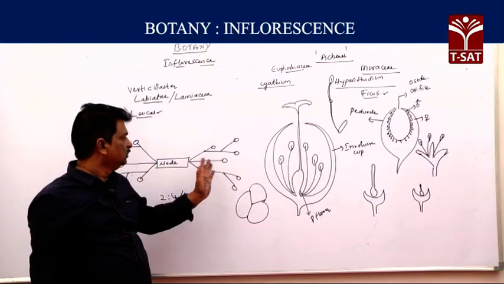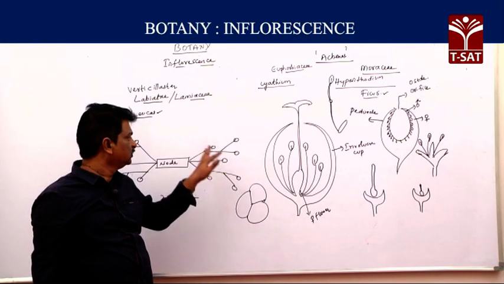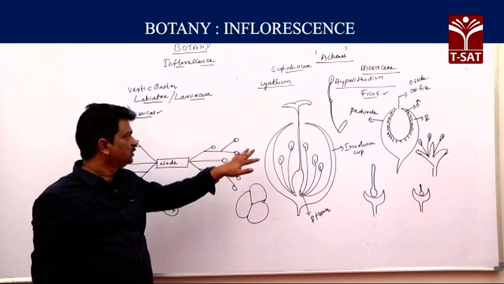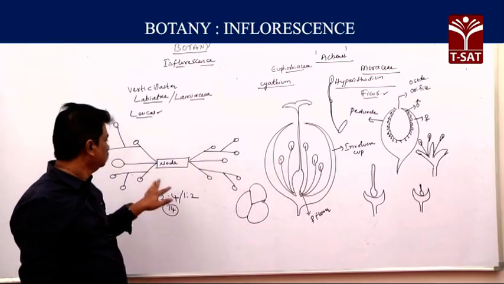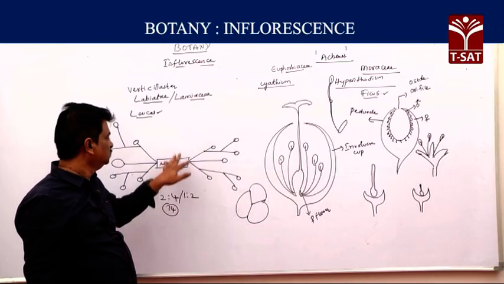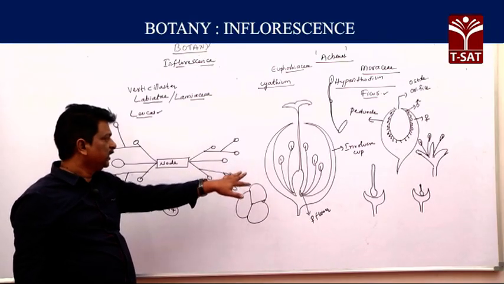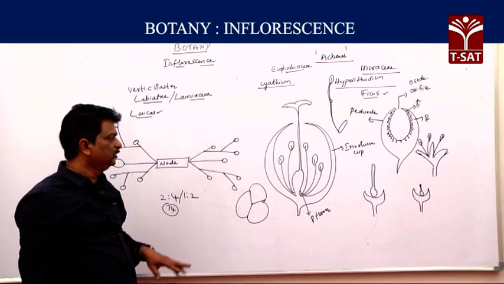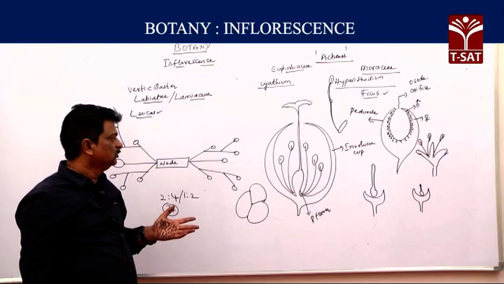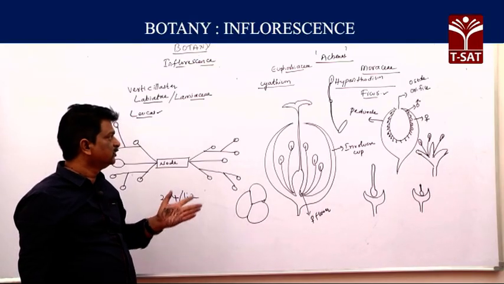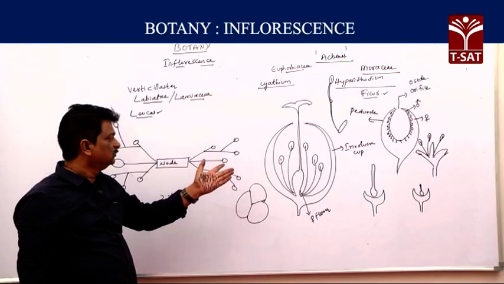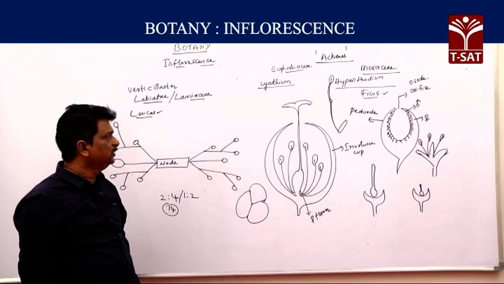So, these are 3 types of special inflorescence: verticillaster, cyathium, and hypanthodium. In verticillaster, generally flowers are bisexual. In cyathium and hypanthodium, flowers are unisexual. But the difference is, in cyathium, flowers are pedicellate.